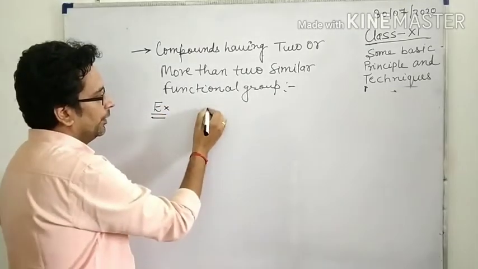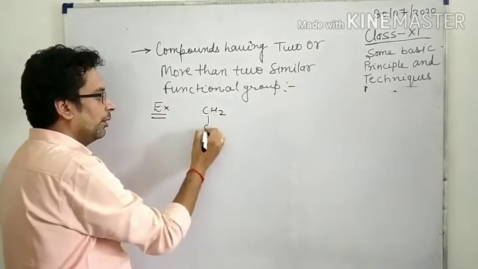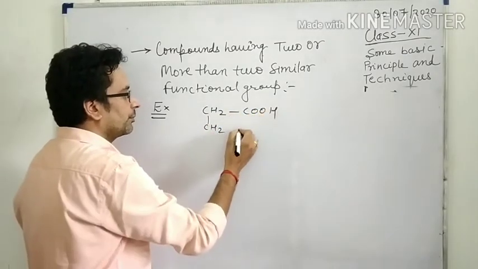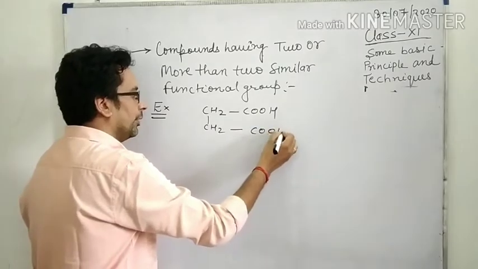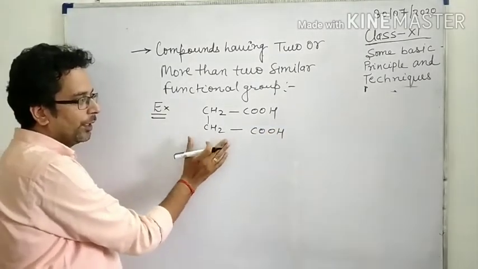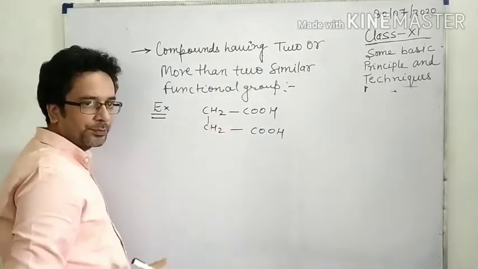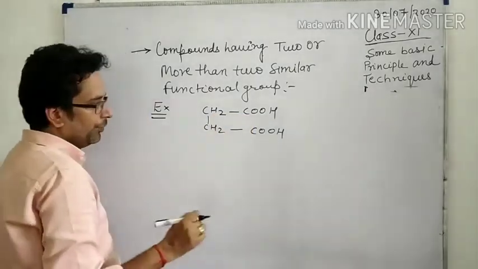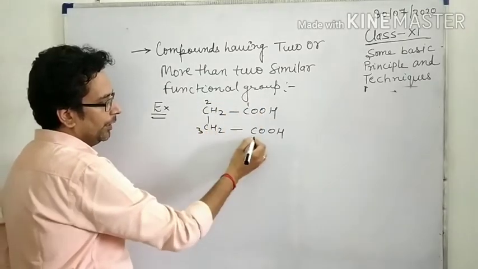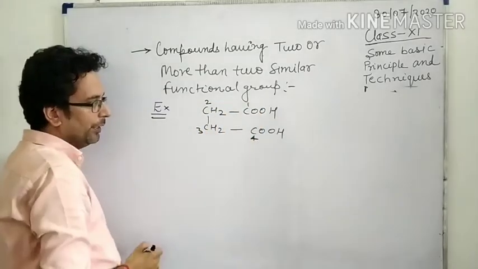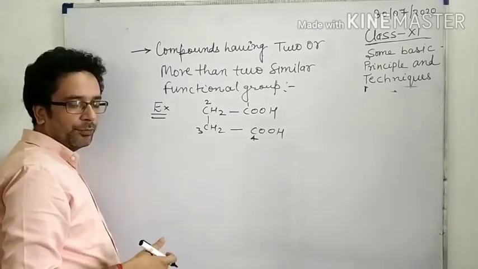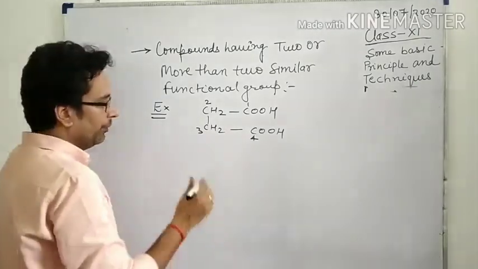Okay, now look here. CH2, COOH, COOH. This compound contains two similar functional groups. So first we give the numbers 1, 2, 3, 4. It means it contains 4 carbons. So for 4 carbons we use butane.